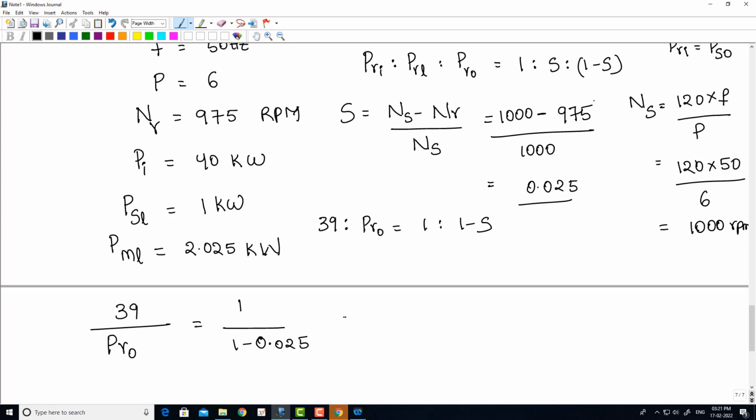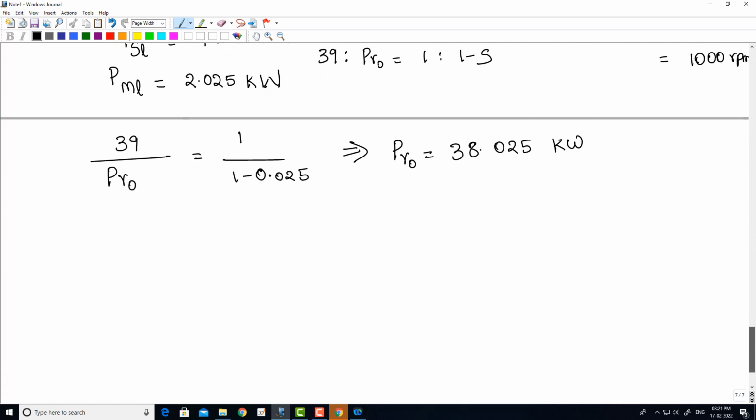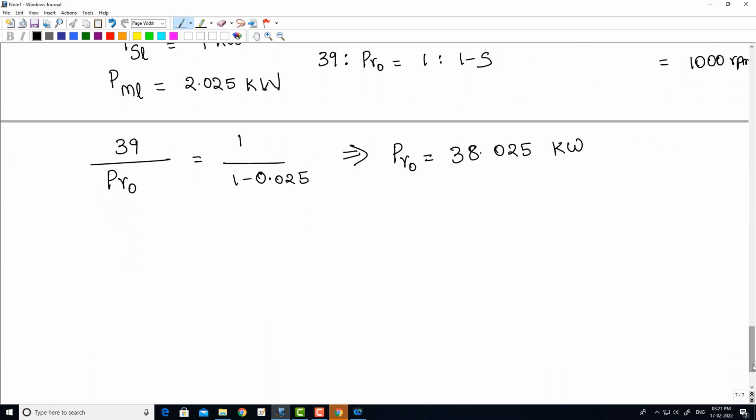If we solve, we will get rotor power output is equal to 38.025 kilowatts. This is the rotor power output.